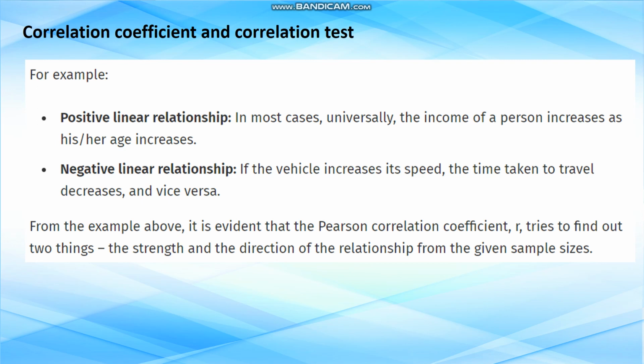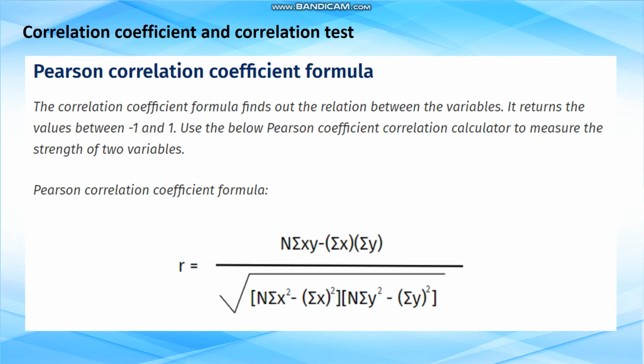From the example above, it is evident that Pearson correlation coefficient R tries to find out two things. The first one, the strength of the relationship from the given sample size. And the second, the direction of the relationship. You can identify the strength and the direction of the relationship between two variables.